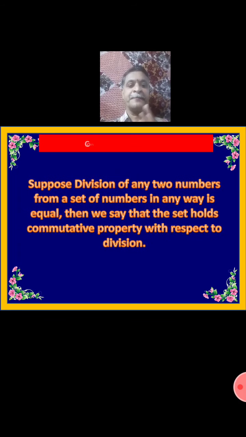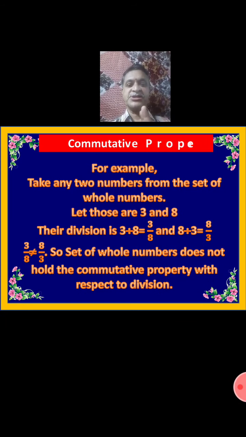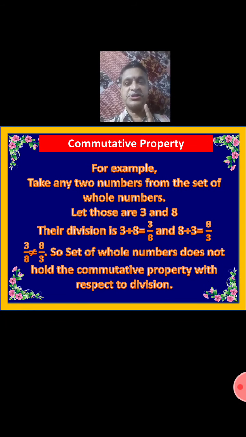And the last operation, that is the fourth operation, is division. Suppose the division of any two numbers in any order is equal, then we say that the set holds commutative property. Let us check with an example. Take two numbers 3 and 8. Suppose 3 divided by 8. We write it as 3 by 8.